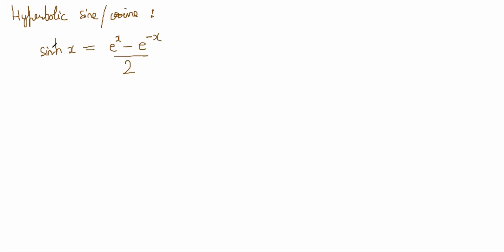So this is just a name for this function. And cosh x is e power x plus e power minus x by 2. Now why has this been called a sine? There is a reason.